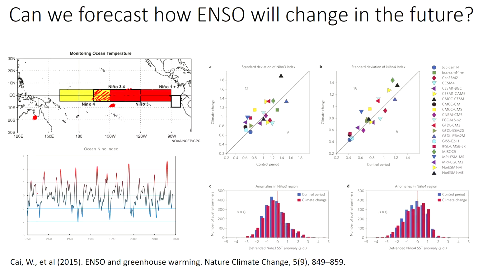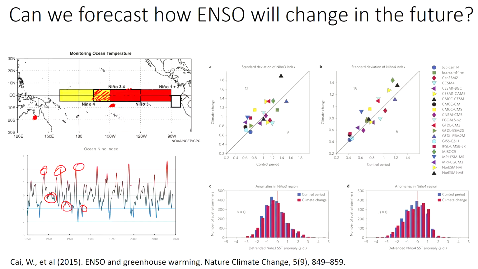That's what's plotted down here at the bottom. What we can see here is that there's this quasi-periodic switch between being in El Nino, and then it switches to a La Nina state, El Nino, La Nina, and it switches between these on a cycle of approximately 3 to 5 years.